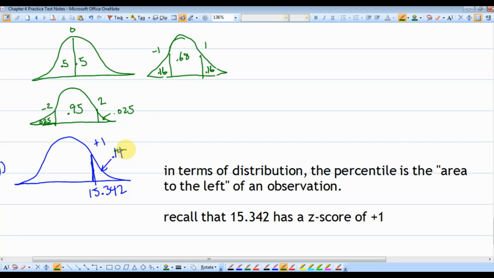Okay, so that tells me the area to the right is 0.16. The last key here is we want to find area to the left. If you remember, this entire bell has to add to 1. So because the entire bell adds to 1, the area here is 0.84.